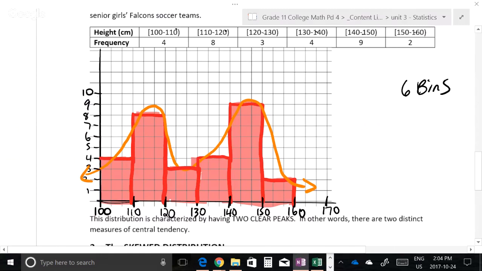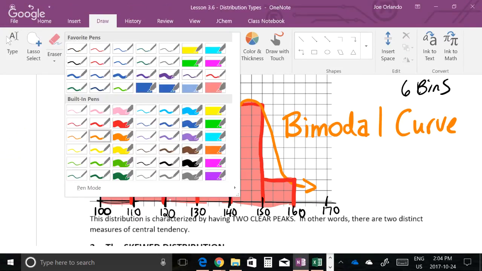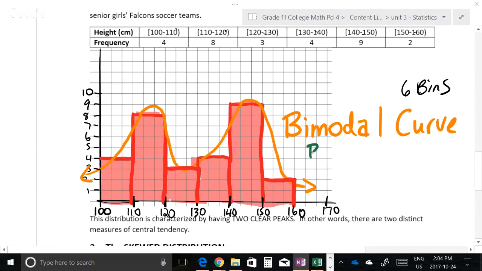All right, and we call this a bimodal curve, and that means that if we would describe the data, we would say that the data are bimodally distributed. Bimodal distribution.